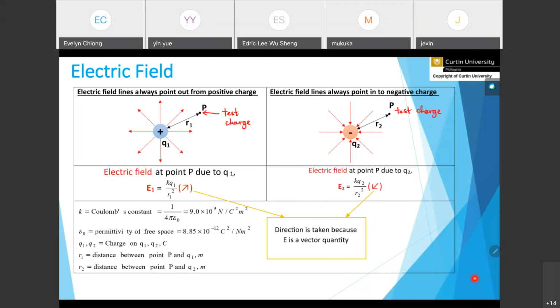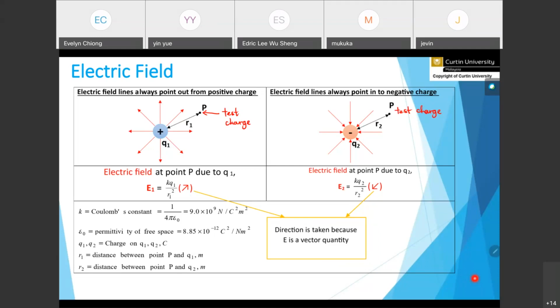What is the force felt by the test charge due to its position? So electric field at point P due to Q1, we write it as E1. Then the one on the right hand side, electric field at point P due to Q2, you can write down as E2.